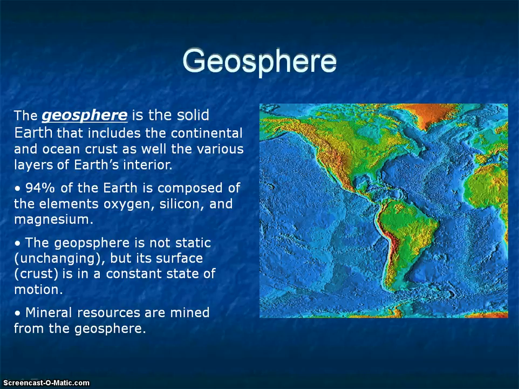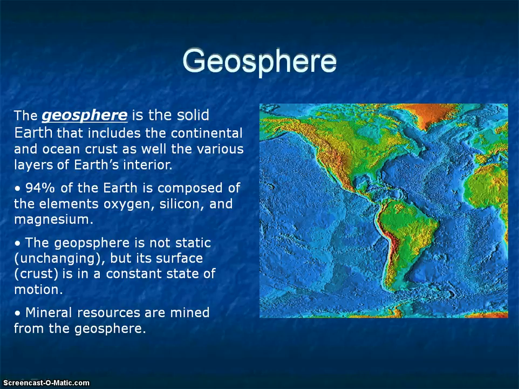Most of the Earth's surface, most of the crust, is going to be composed of elements like oxygen, silicon, and magnesium. That is the largest part of the geosphere. Now, when you're looking at the geosphere of the Earth, most of it is not static, which means it's unchanging.